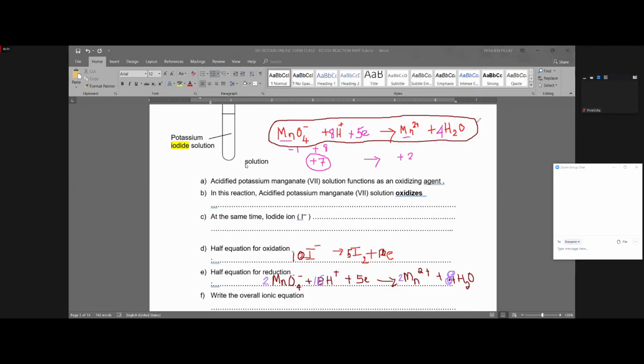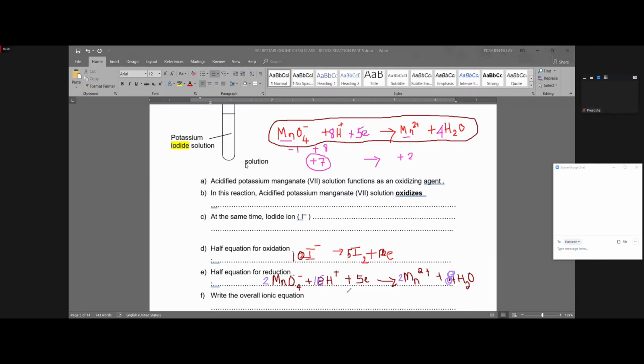2MnO4 minus plus 10I minus, then arrow. No, you forgot something. There's one more here. Plus 16H plus. I repeat again: 2MnO4 minus plus 16H plus.